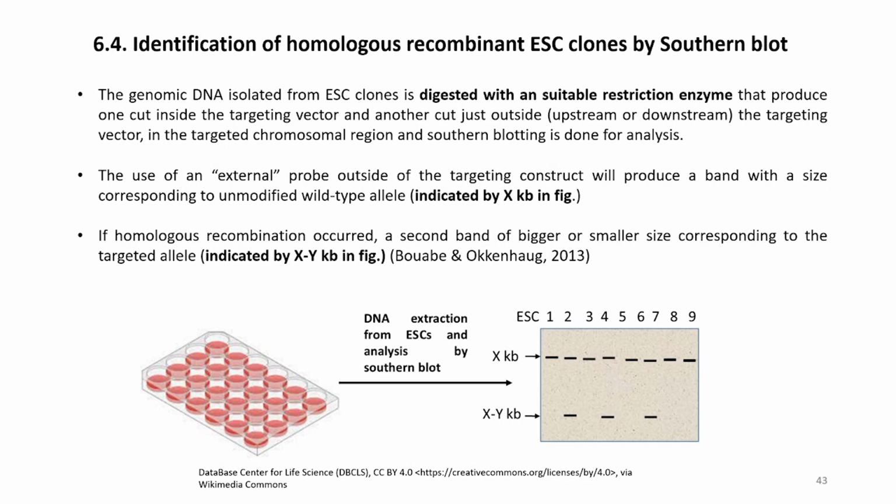The use of an external probe outside of the targeting construct will produce a band with a size corresponding to the unmodified wild type allele, which is indicated by X kb in this figure. If homologous recombination occurs, a second band of bigger or smaller size corresponding to the targeted allele, indicated by XY kb in this figure, will occur.